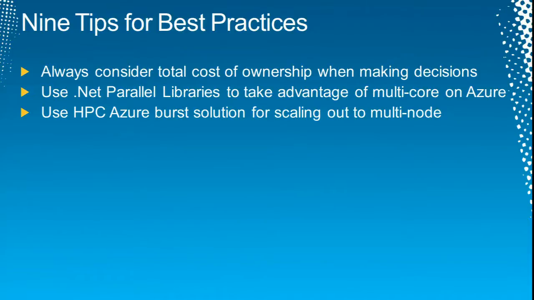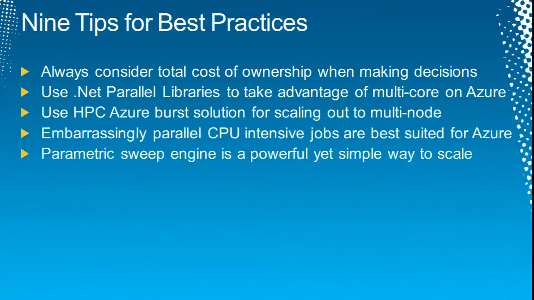And for the Azure Burst scenario, if you want to scale out to multiple nodes, most of this work would have to be embarrassingly parallel. That's the best type of workload suited for Azure, so there's not much communication involved.